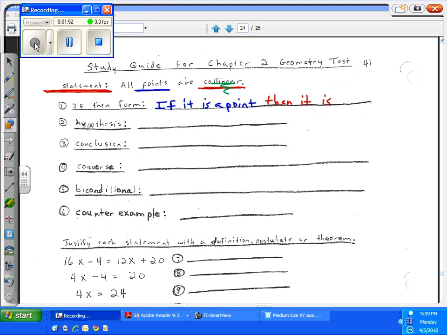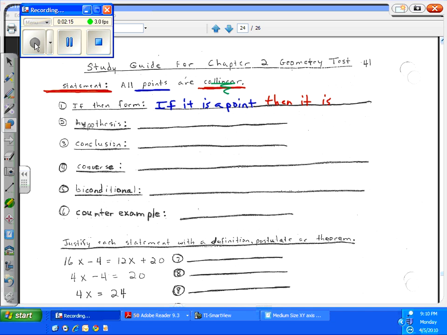So because of that definition, I need to go back, and if I'm going to disprove it later, I need to interject more into it. So we're going to have to say if they are points, then they are collinear. See? The first time we did that, it was like with a bird. If it is a bird, or if it is this, or if it is that.